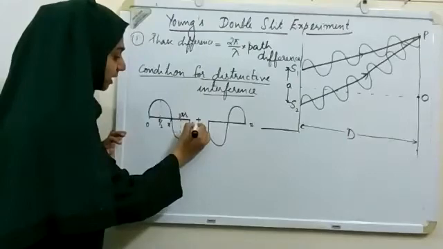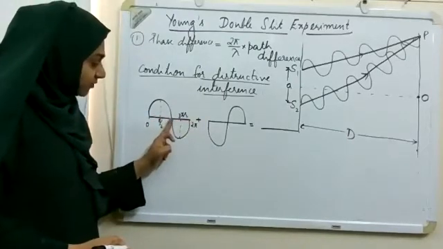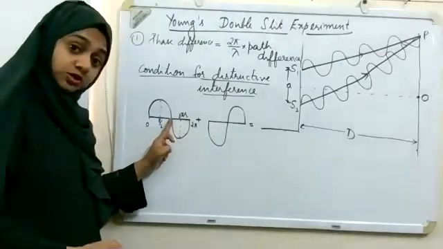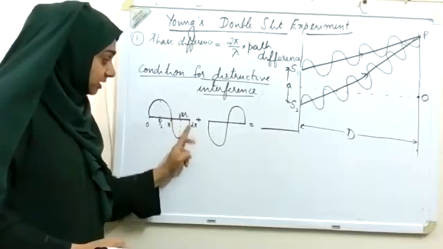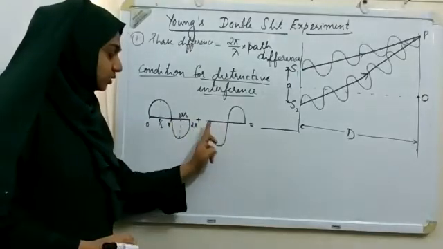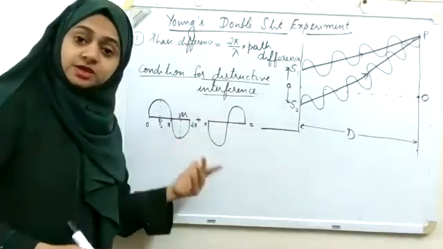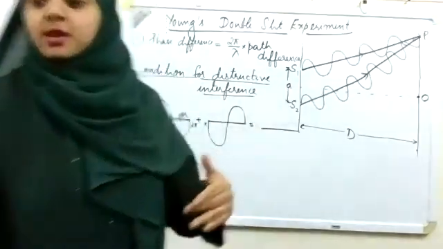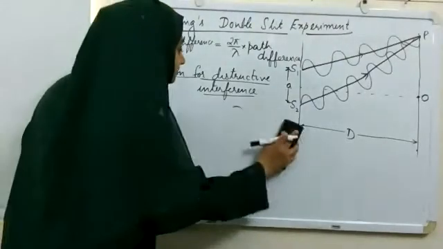This is 2 pi. So when this wave comes, the other wave has reached this point. So the phase difference is pi. So it starts from pi, right? So the phase difference is pi or any odd multiple of pi.